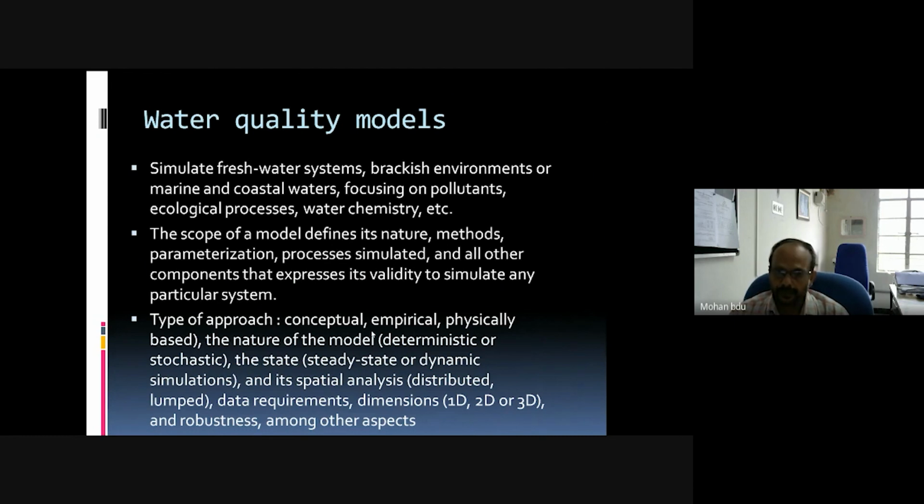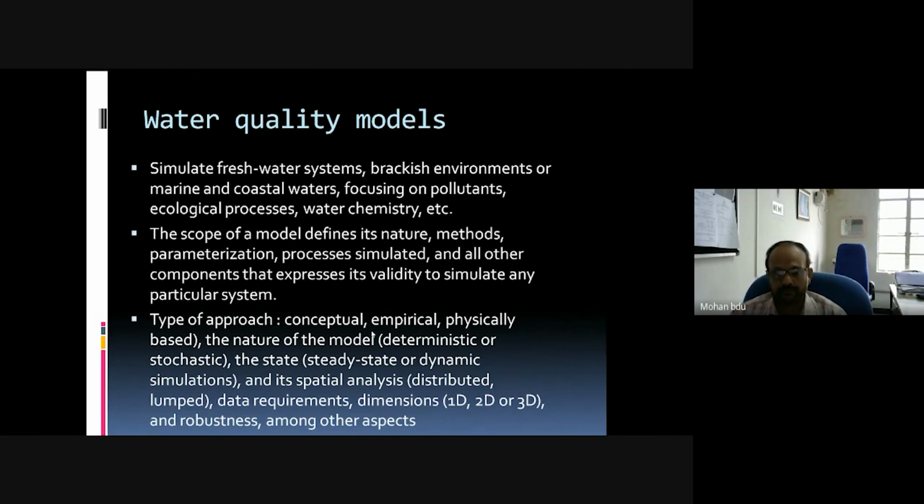So these models generally simulate freshwater, brackish water, whatever may be, and many models focus on the water chemistry, pollutant dispersion, the concentration of pollutants. So it depends on what sort of information we require, so we can choose the model accordingly.